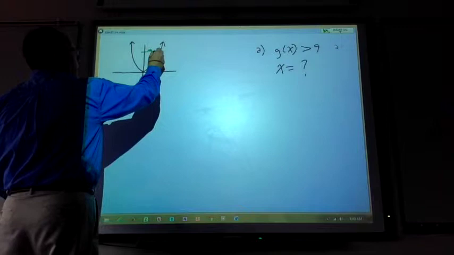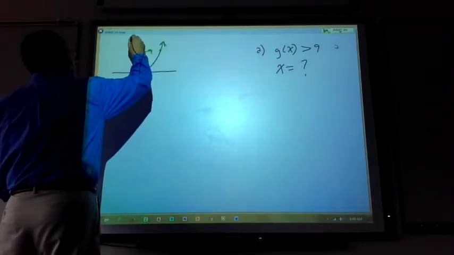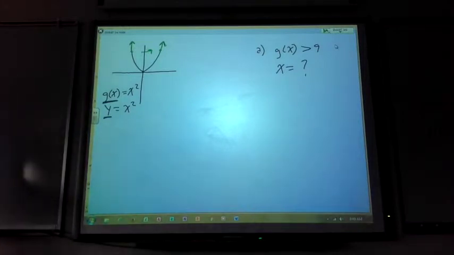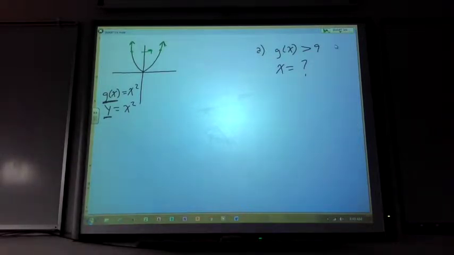So right here and right here, both of those give me x values. On either side of that, they're going to have values that are bigger than 9. Can I say that? So where it's green up there, that's yielding me a value for y, or g at x, which is the same thing, which is larger than 9.